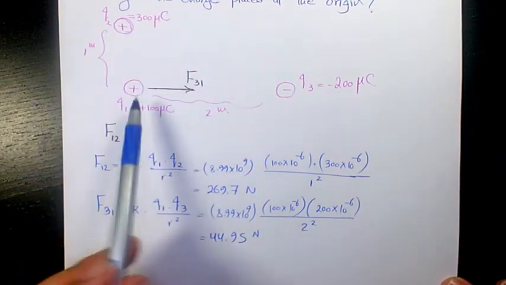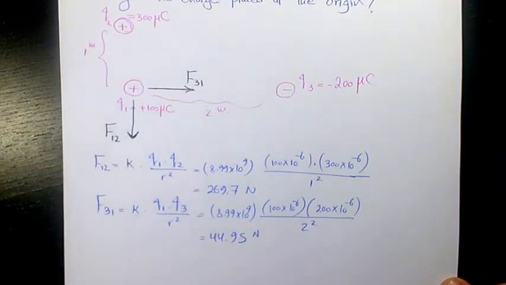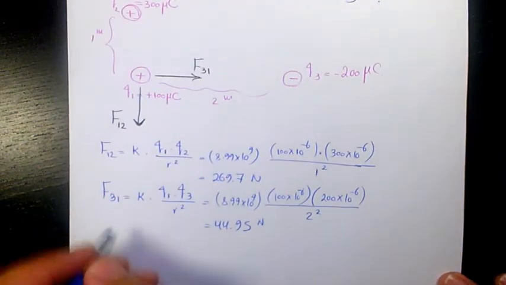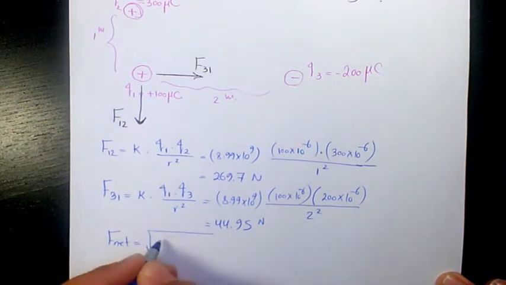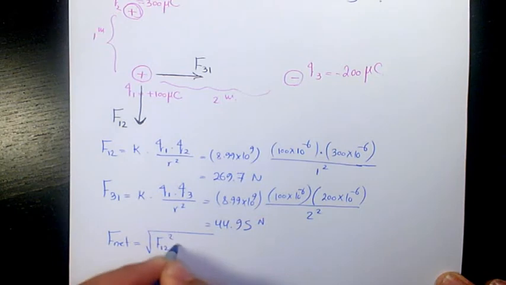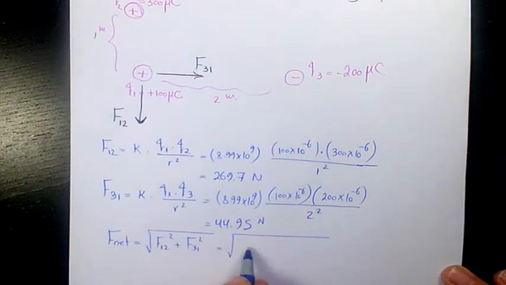So now the force F31 we have, F12 we have. We need to find F net. F net will be the square root of F12 squared plus F31 squared. It's going to be 44.95 to the power of 2 plus 269.7 to the power of 2.